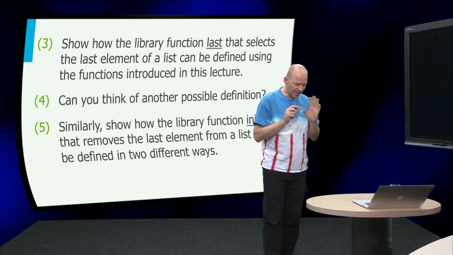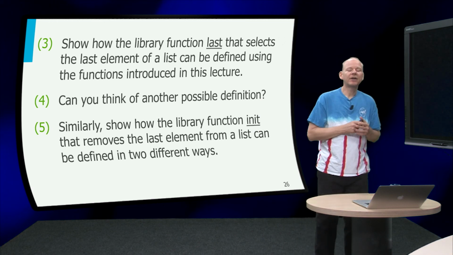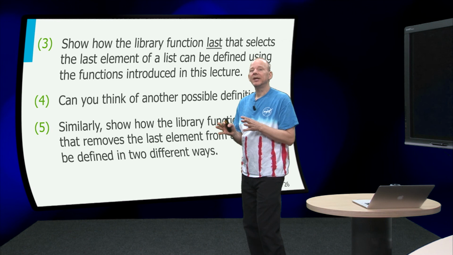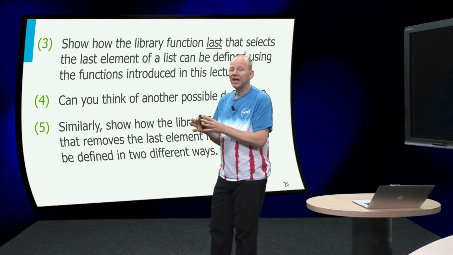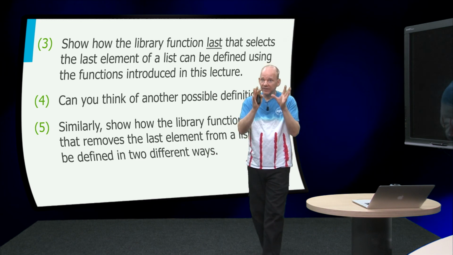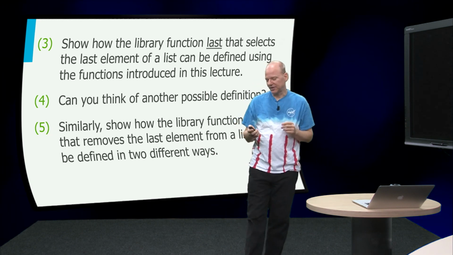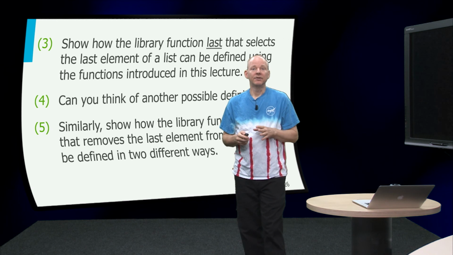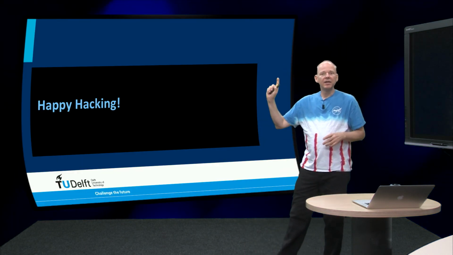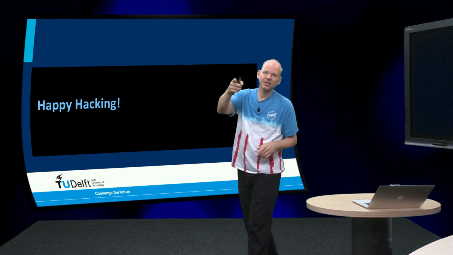All right, but in general, as I said in the very first lecture, this is a course about functional programming. It's not a course about Haskell, and it's definitely not a course about GHC. But in this specific case, the exercises for this lecture are on GHCi. Okay, happy hacking, and see you all next week.